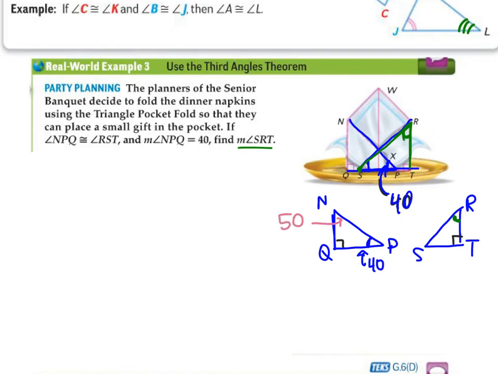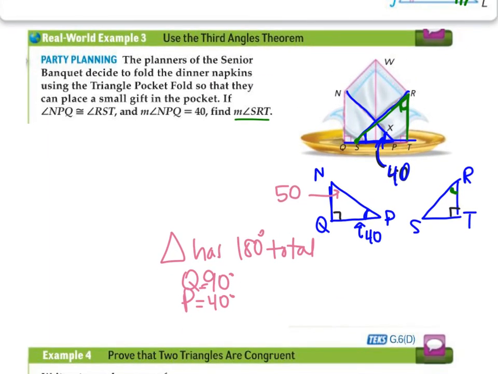How I did that: remember a triangle has 180 degrees total. Q is 90 degrees, and then P is 40 degrees. When we add these together, we get 130. So our leftover angle N has to be 50 because 130 and 50 equals 180.